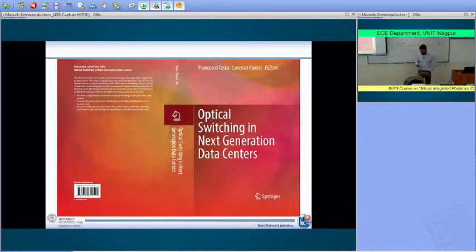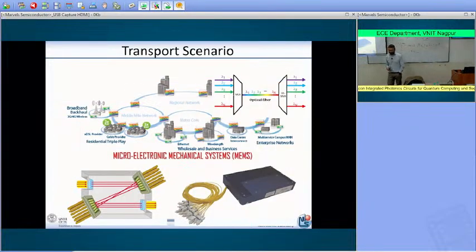The motivation of the work that I'm going to introduce is that in optical communications you have nodes, and those nodes need to be reconfigurable, meaning that you want to connect any direction with any direction in an easy and reconfigurable manner.